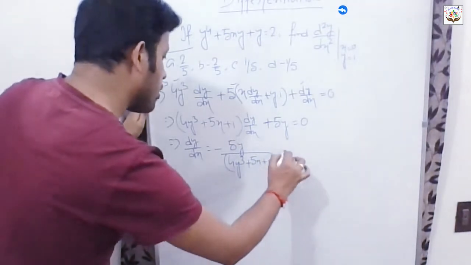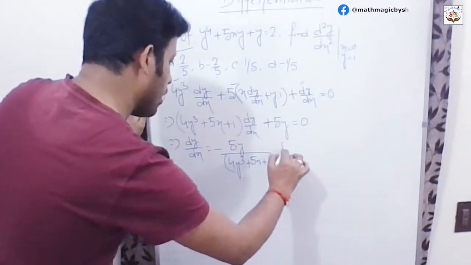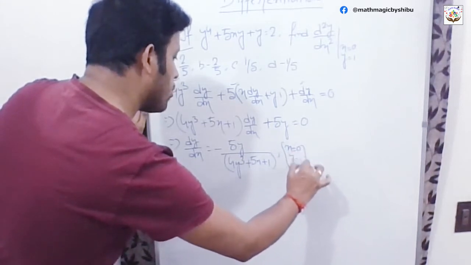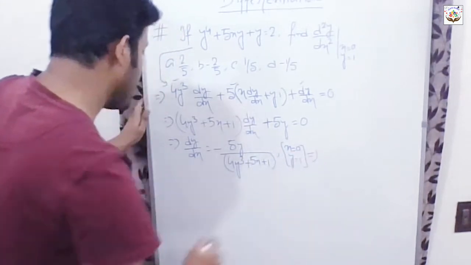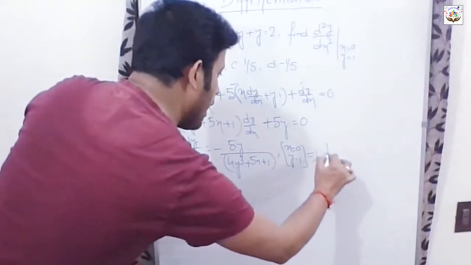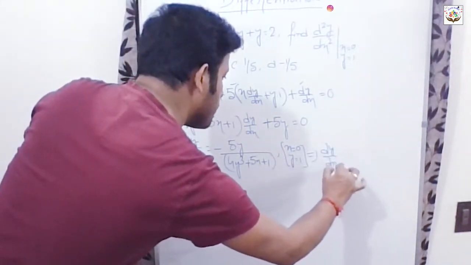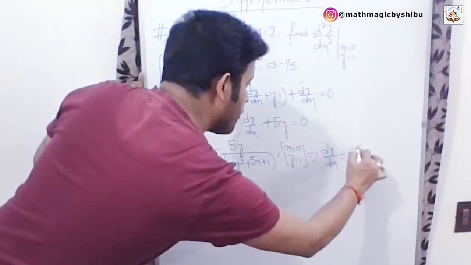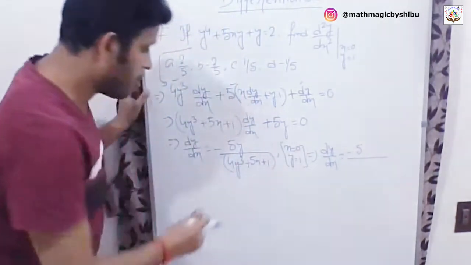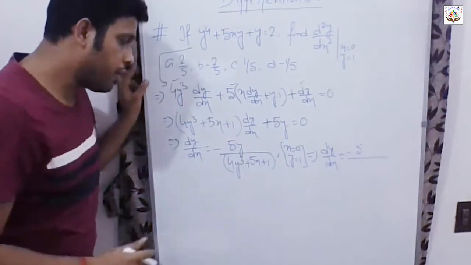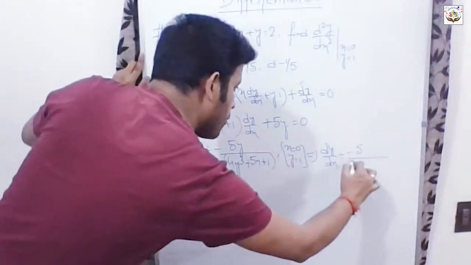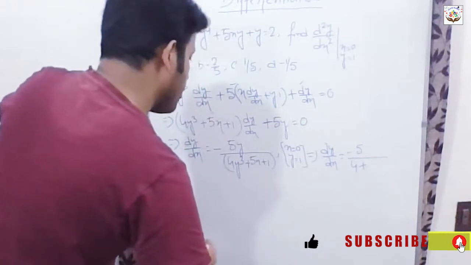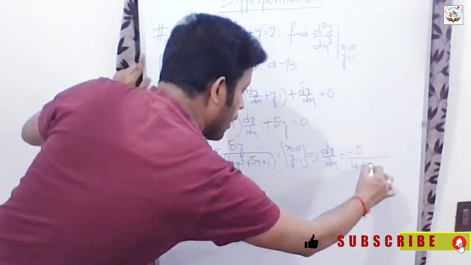So if we put x equals to 0 and y equals to 1 in this expression, we will get dy dx as minus 5 divided by 4y cube, that means 4 into y cube means 4, plus 5 into 0 means 0, plus 1.